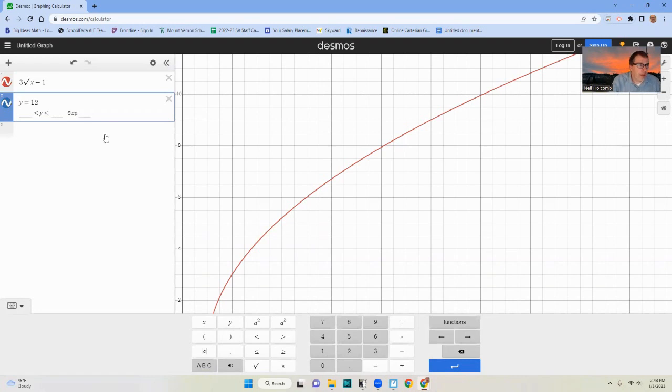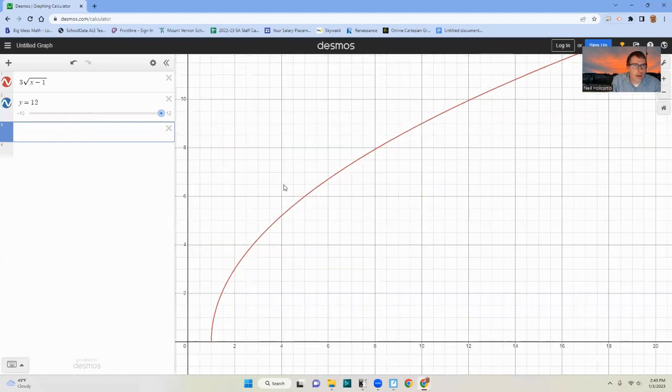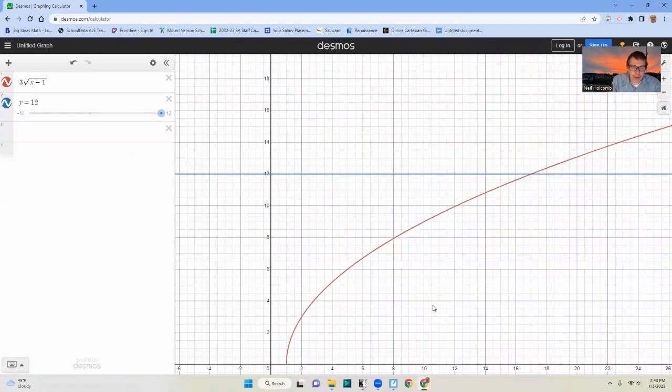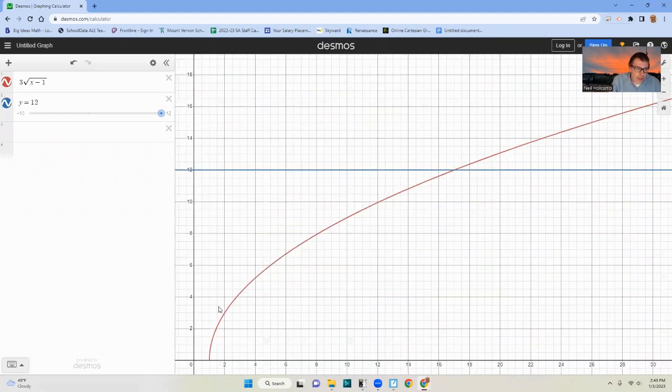Okay. Where is it? Right there. So let me just zoom out so we can see this. So this is the function 3 times the square root of x minus 1. It's that red function here. And I want to know when it is less than or equal to 12. Well, it equals 12 right here at 17, 12.